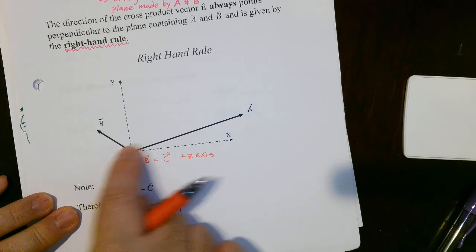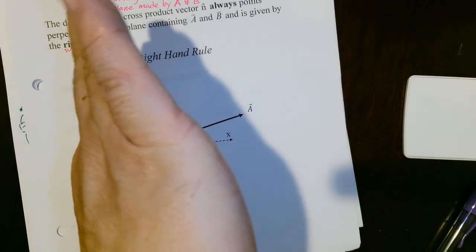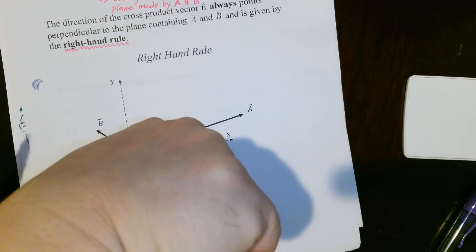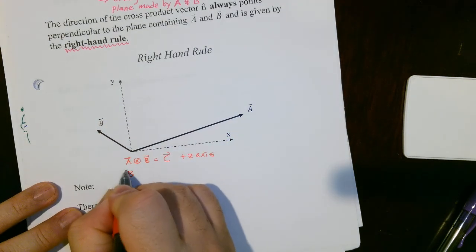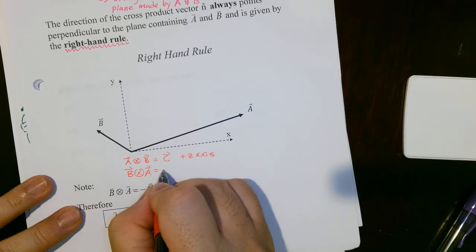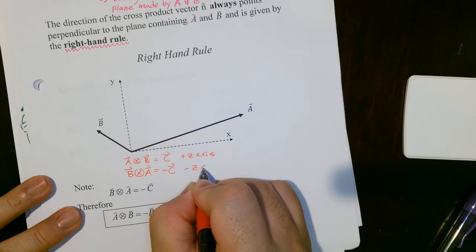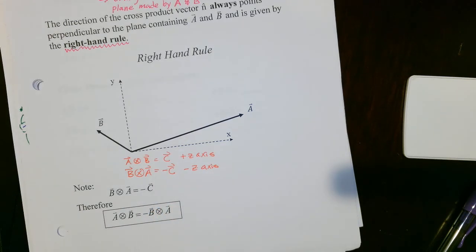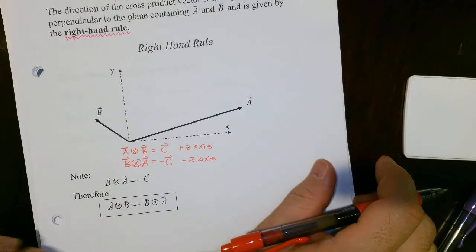When I do B cross A, my thumb is actually pointing into the page, right? So B cross A would be then negative C vector or negative Z axis. Okay?